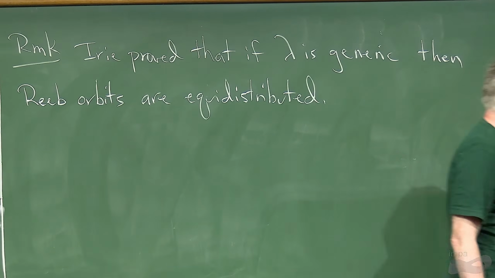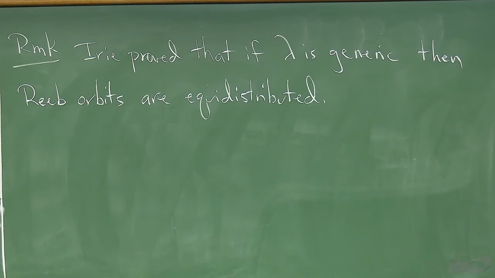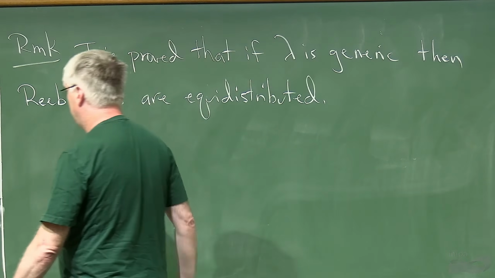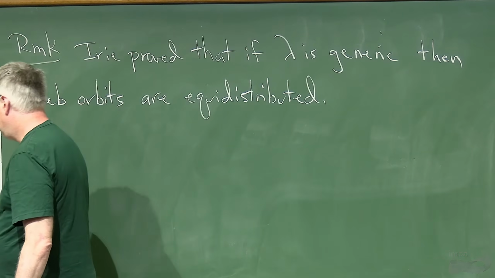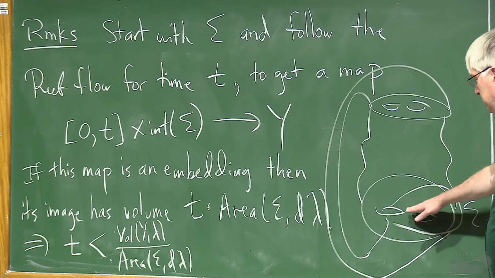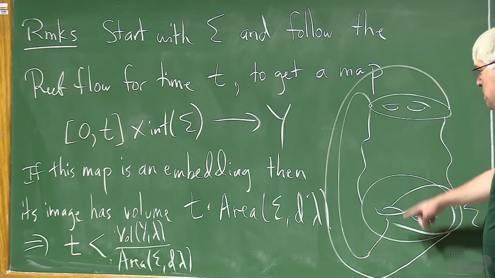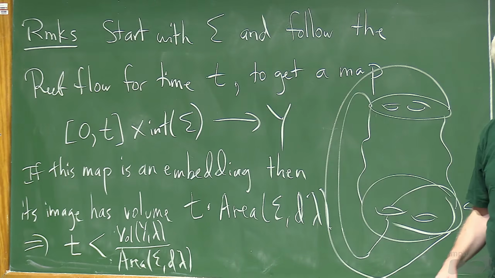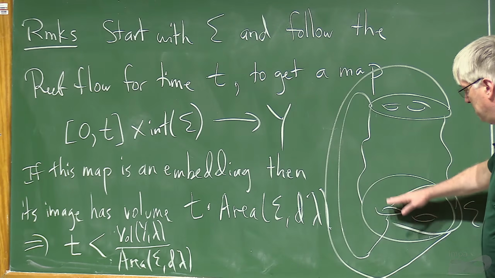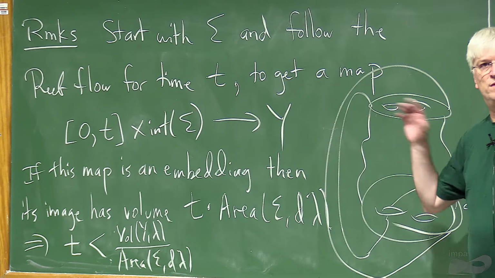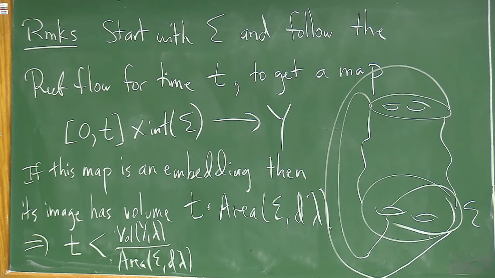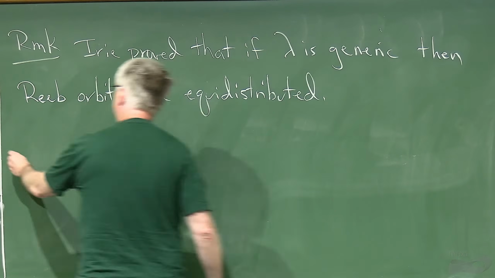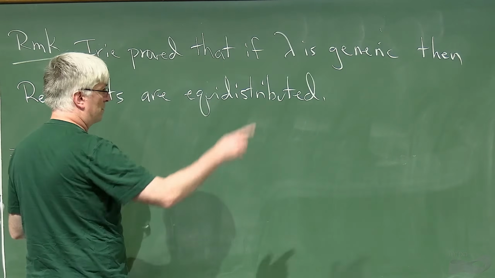In particular, that means you can find some sequence of Reeb orbits where, if you take a little neighborhood of the surface, the amount of time that those orbits spend in the neighborhood, divided by their total period, is approximately the volume of the neighborhood of the surface divided by the volume of the whole 3-manifold. And if you know that, this implies that that inequality holds.